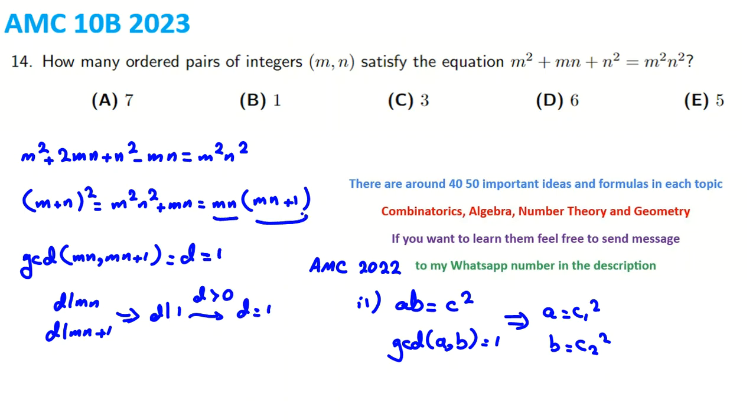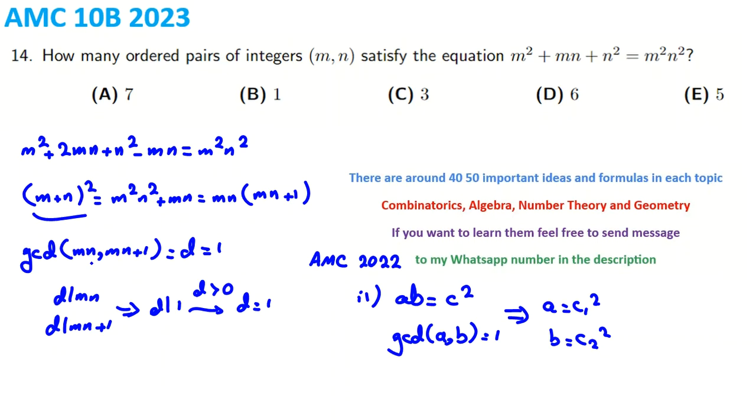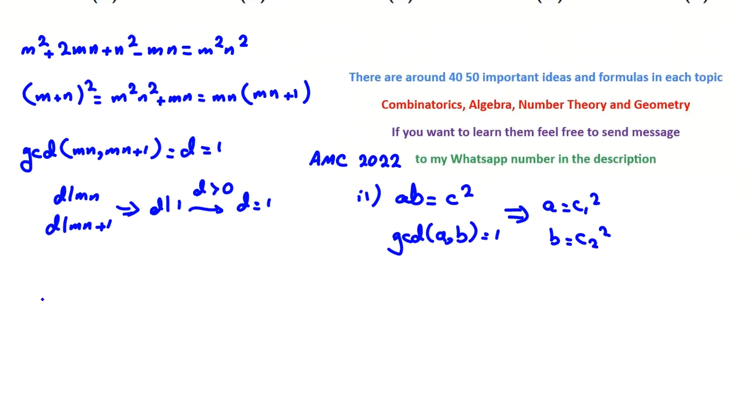Okay, now GCD is 1, the product is a perfect square. So what are the cases? If they are positive values, mn should be x squared, mn plus 1 should be, for example, y squared. So the only possible case is that this one should be 0, this one 1. If they can be negative, one case is this one negative 1, this one 0, then the product will be 0.